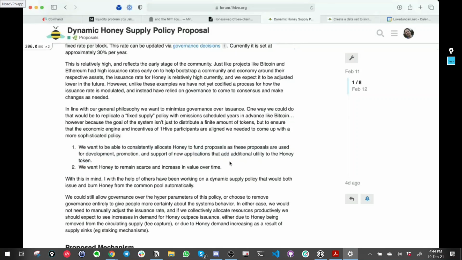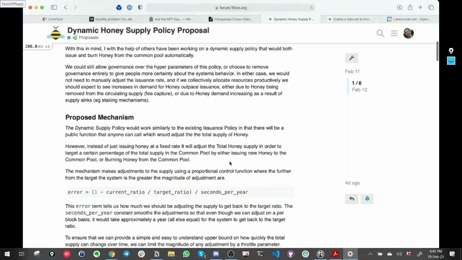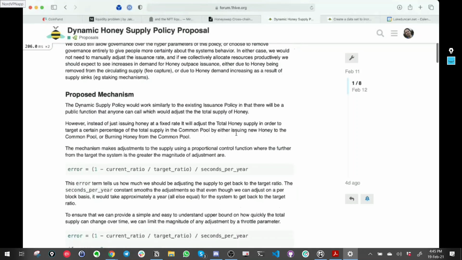And there wasn't a direct feedback loop between people choosing to spend or not spend resources on things that created net inflows into the system. So we created a simplified model of the mechanics of honey issuance and distribution, along with some assumptions about the economic forces acting on that mechanism.